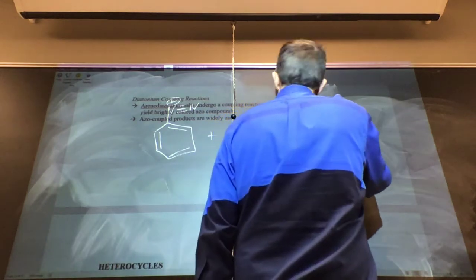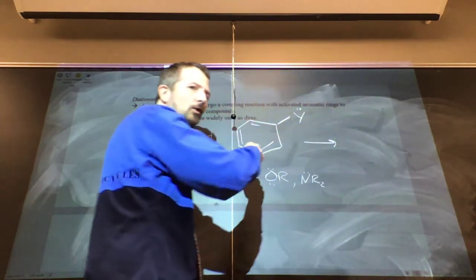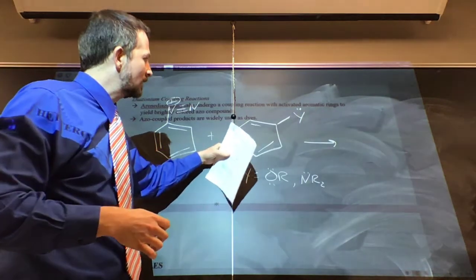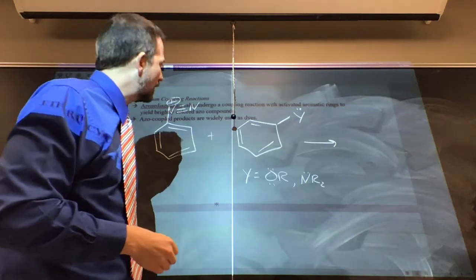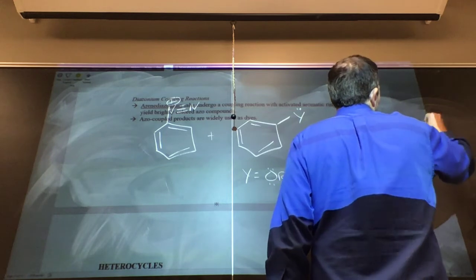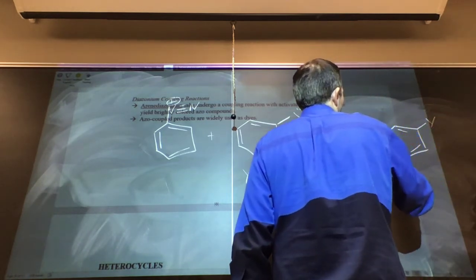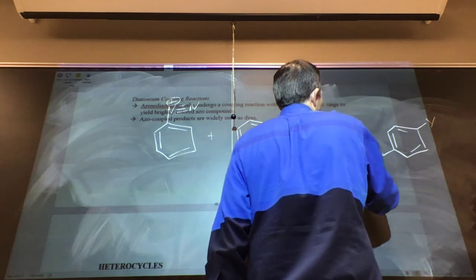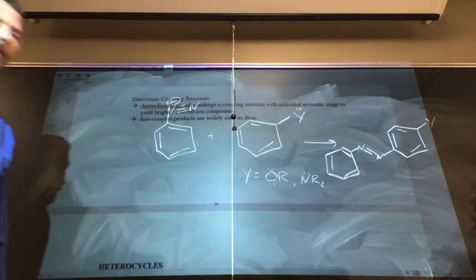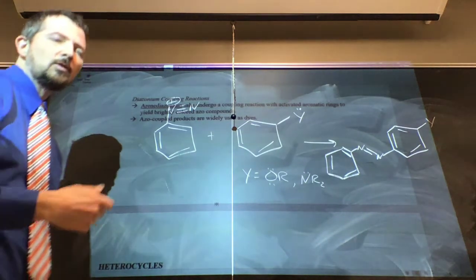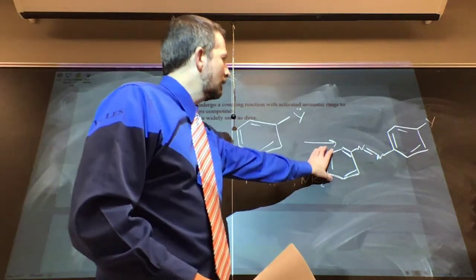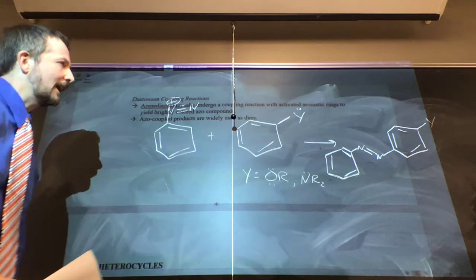So what it yields, this ortho-para director, it's actually going to attach to the para position. So that compound's highly conjugated. So remember, highly conjugated compounds have color to them. And so that's why these are usually very colorful and are used as dyes.